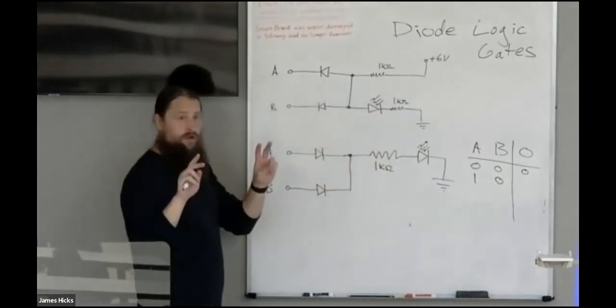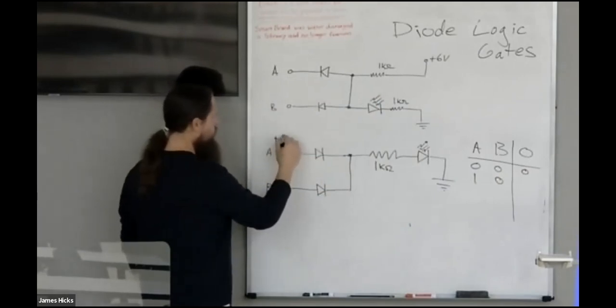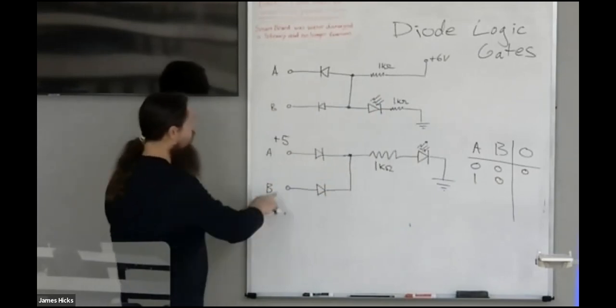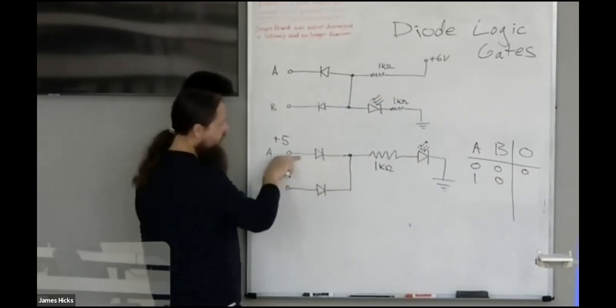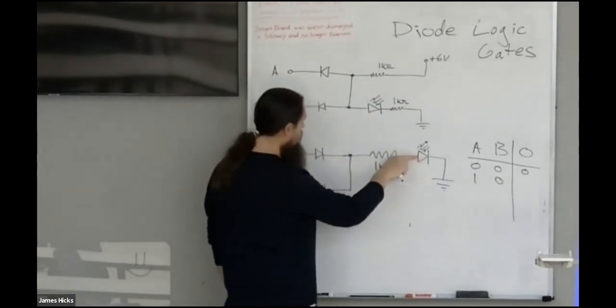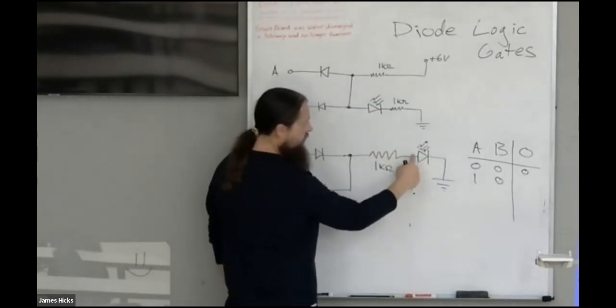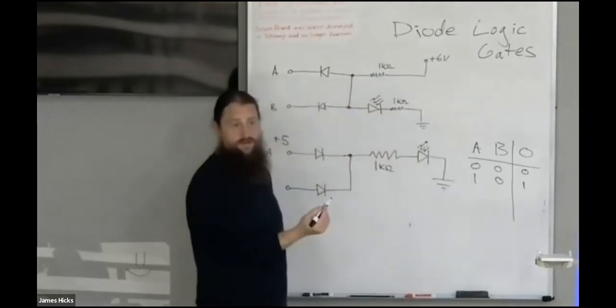Whenever I turn on one of these inputs, that's like putting it at a high voltage. Now I'm forward biasing the top diode. Current can go straight through. There's enough voltage left over to activate the LED, and that lights up. That's on.